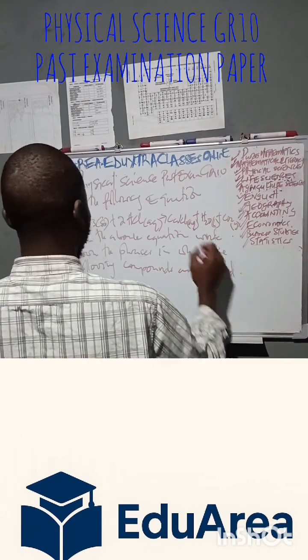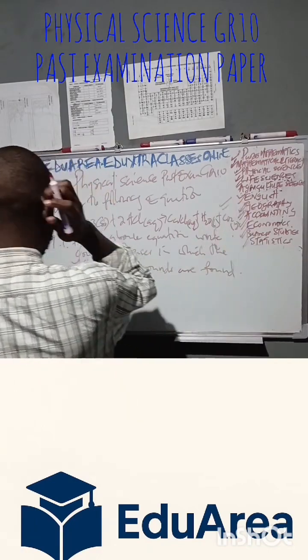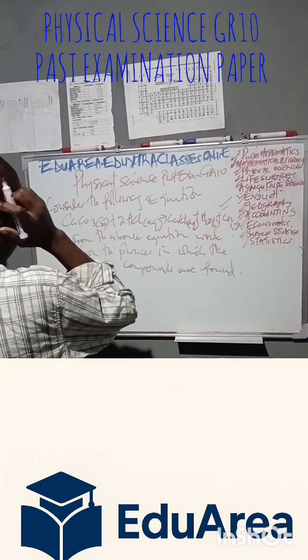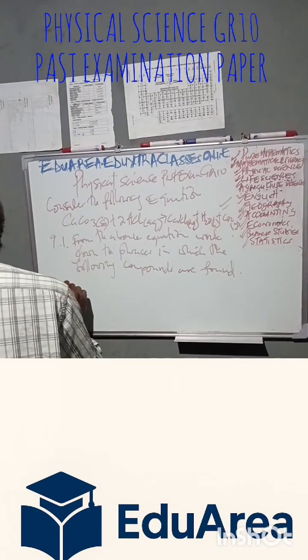Right? From this equation, write the phrases in which the following compounds are found. So 9.1.